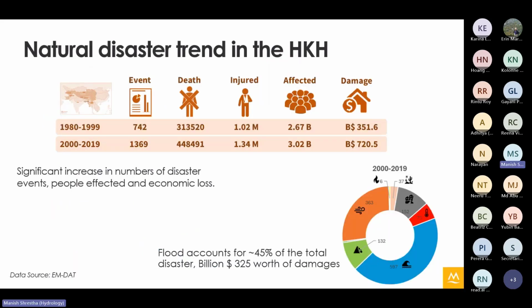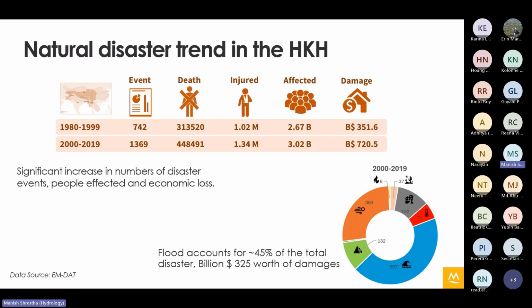Looking at a few statistics of natural disaster trends in HKH, we see that there has been a significant increase in the number of disaster events compared against the previous 20 years, from 1980 to 1999. Similarly, the number of casualties, people getting injured, people getting affected, and the economic damages are also increasing.